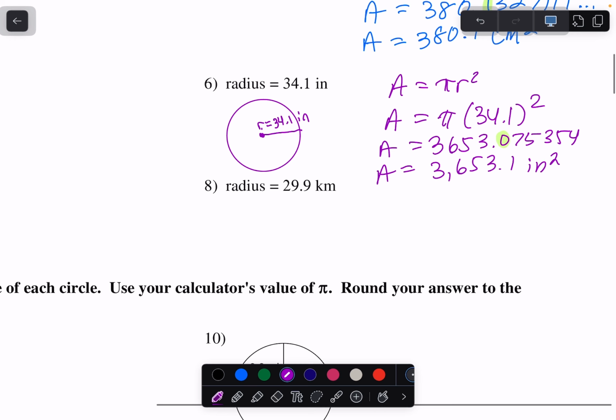Now, we've done a lot of those. I want you to try 8 right now. Try 8, and then I'll show you the answer so that you have it. Everybody try 8 on your own. Let's make sure we understand how to do number 8.